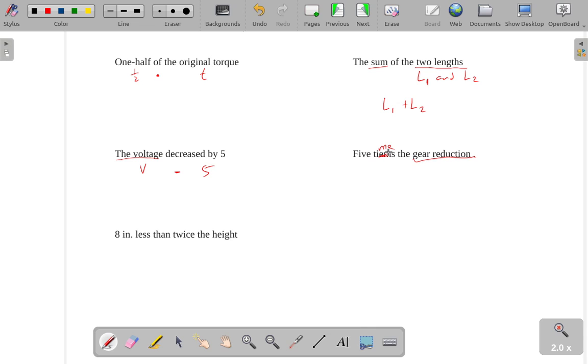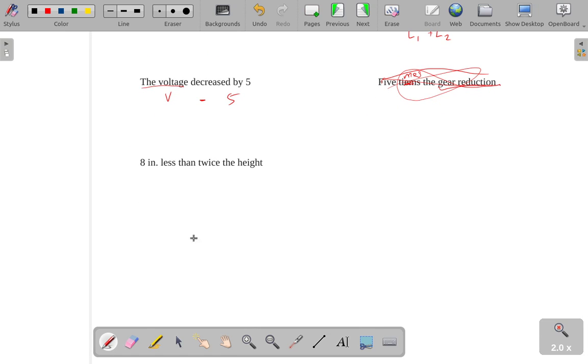It's a common thing I see all over in the real world when people say 5 times the reduction, and oftentimes it doesn't really make sense. I'll give my best guess as to what would be meant here. If we say the gear reduction is, I don't know. You know what? I'm not going to do that one. I don't like that one. I'm just not going to do it because it doesn't make sense to me. And I will also say that you won't see one of those in this class, or at least not on the test.